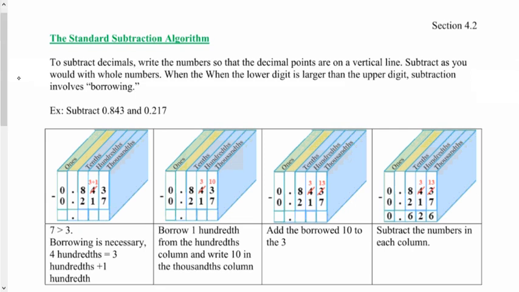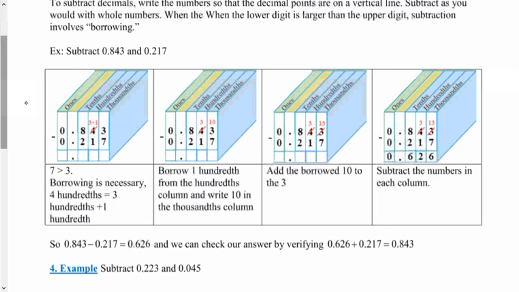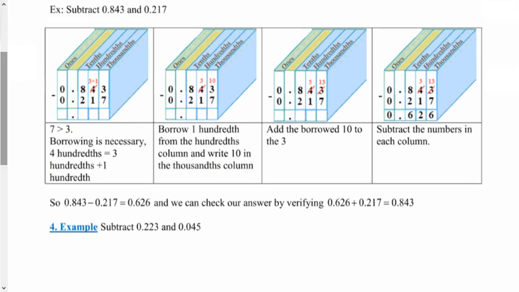The standard subtraction algorithm is that we line things up, and we're going to borrow whenever we're trying to take a bigger number away from a smaller. This shouldn't be a totally new concept. We've done this with integers before, and now we're just doing it with some decimals involved too.